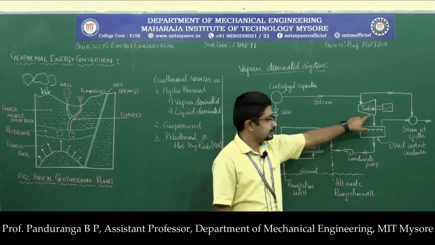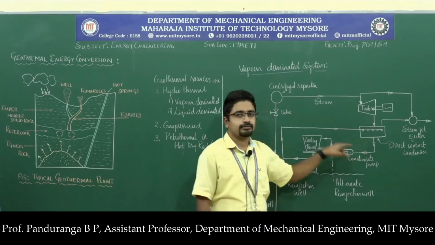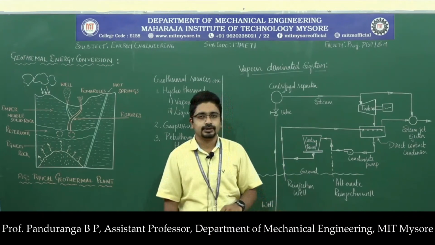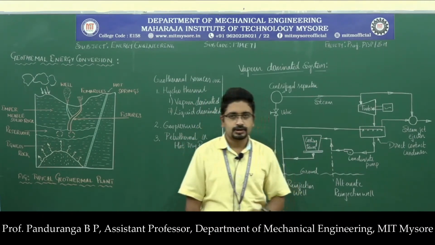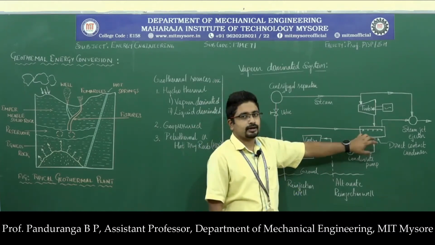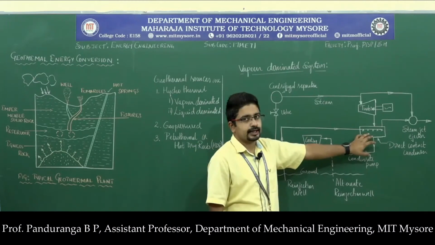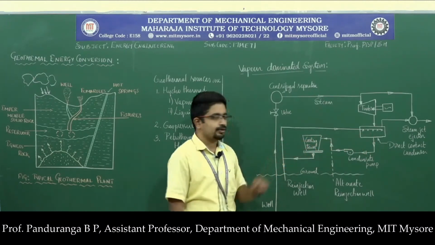The steam coming out of the turbine, we need to condense it before re-injecting it into the geothermal source or the well. So we have a direct contact condenser, and the cooling water will be supplied to the direct contact condenser with the help of a cooling tower.